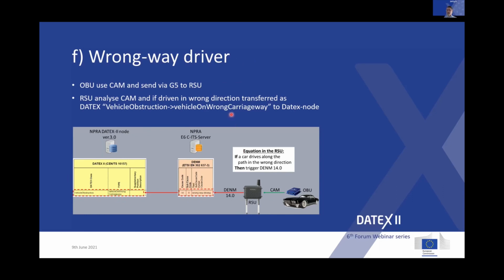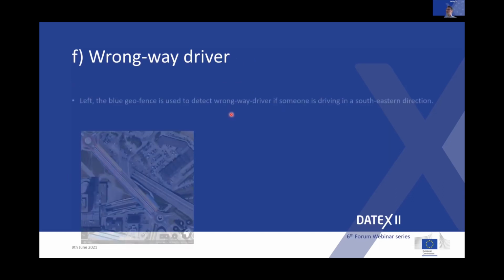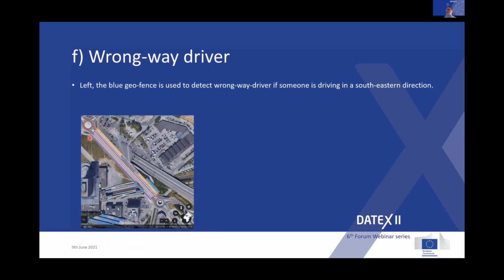The way this was done was to mark out a geofence on one side of the road. This is actually the correct way of driving, but we couldn't, of course, stop the traffic, so we detected the wrong way, actually the right way. When the car moved into this geofence, it was detected as wrong way driving.